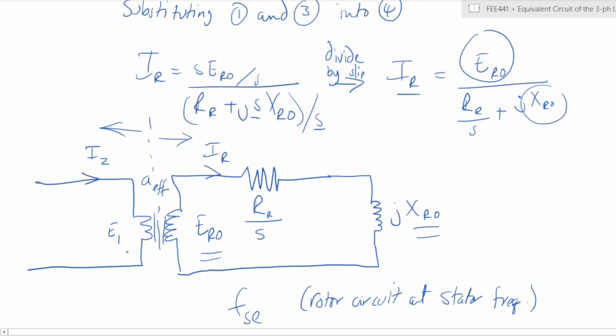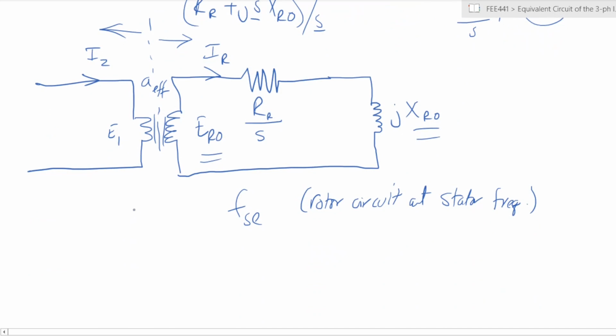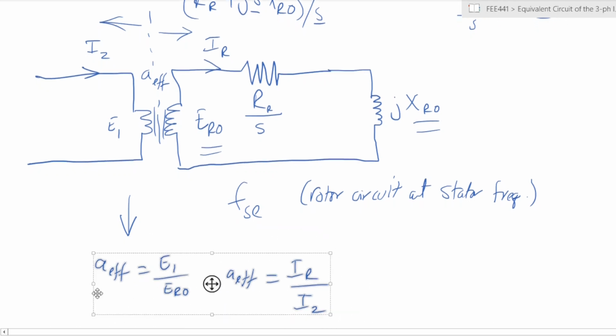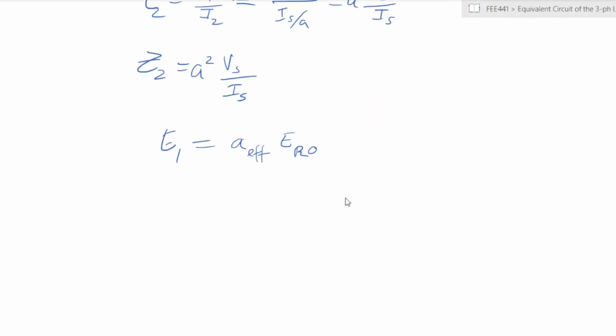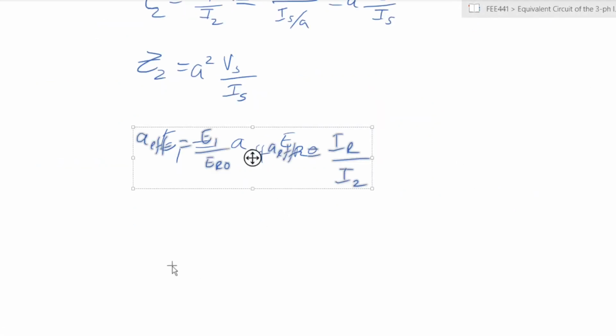Okay, so remember we said the turns ratio AF is equal to primary over secondary, which is E1 over ER0, and also AF is equal to IR, because it is secondary, over primary. Okay, those two are there. Let's copy them onto this other page so that we can work with them to continue our derivation here.